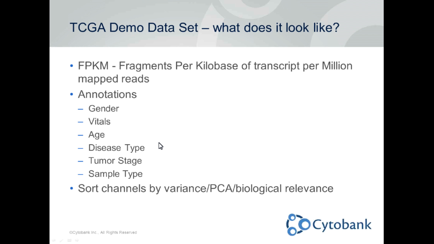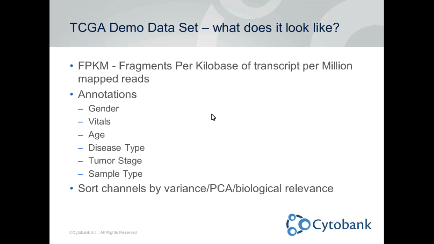And as a note, normally if you're dealing with genomics data, you're looking at thousands or tens of thousands of channels, as it were. In this case, Cytobank right now has an upper limit on the number of channels at 816. So if you have more than 816 channels in your tabular data, it's a good idea to reduce those to be under that benchmark.